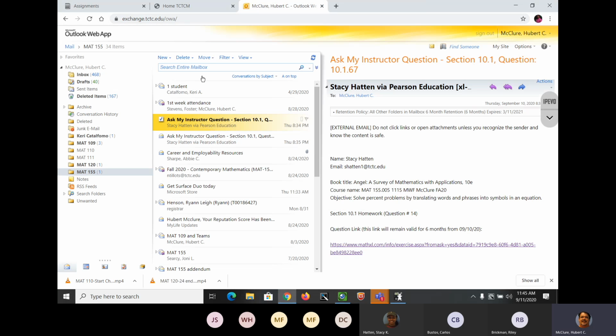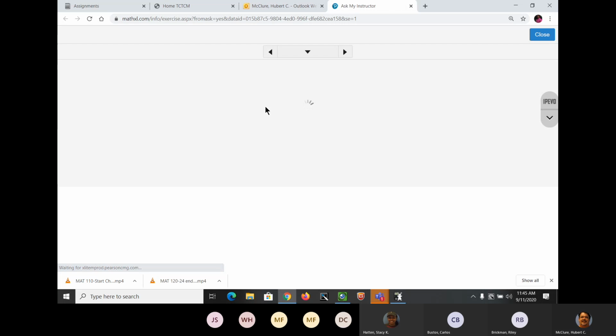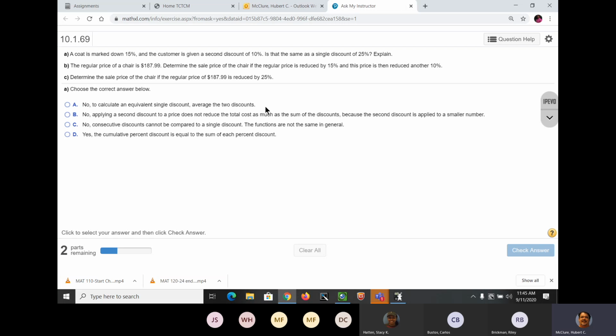I got one more, and I think we might have already done this one, I don't know. No, I haven't seen this one. This is the Walmart equation, though. A coat is marked down 15%, and the customer is given a second discount of 10%. Is that the same as a single discount of 25%? Well, let's see.